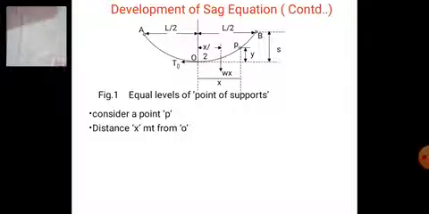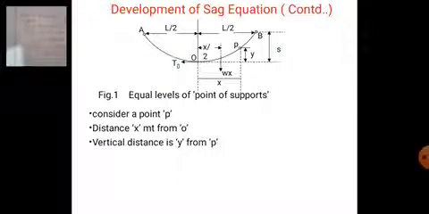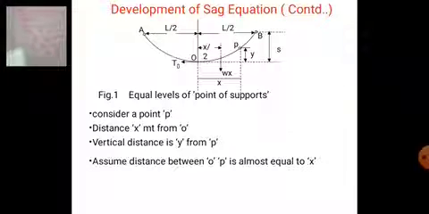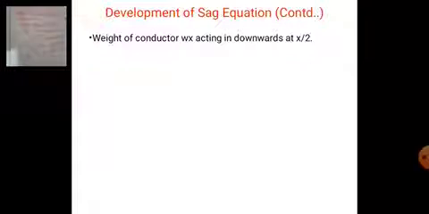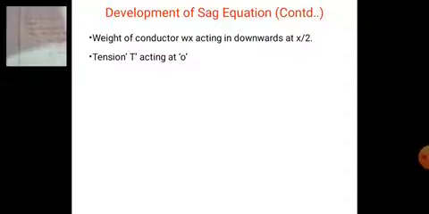The second force is the weight of the conductor OP acting downwards at a distance of X by 2 from point O. The vertical distance from P is Y. Assume the distance OP is almost equal to X, and the weight of the conductor acts as WX downwards at X by 2.